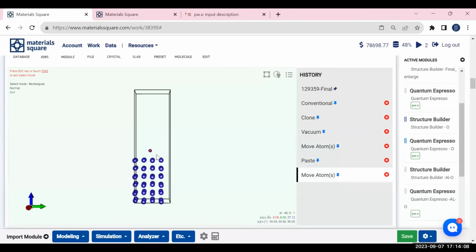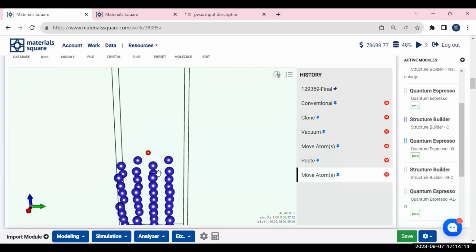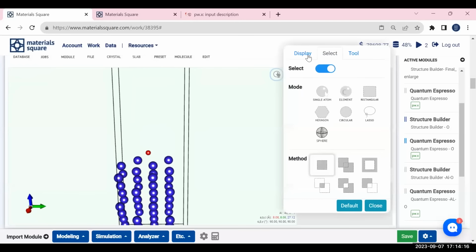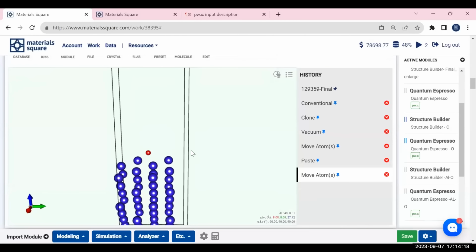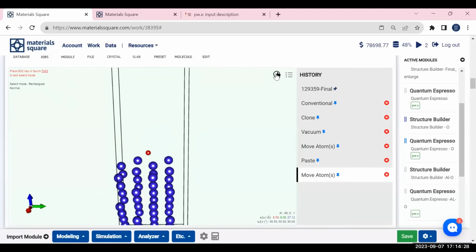Actually, there is also very unique tools in MatSQ how you can control the atoms, not only this way, you can actually move. So you just press S on your keyboard. Now S, I mean the selection mode is activated. Just select this atom. You will see this way.